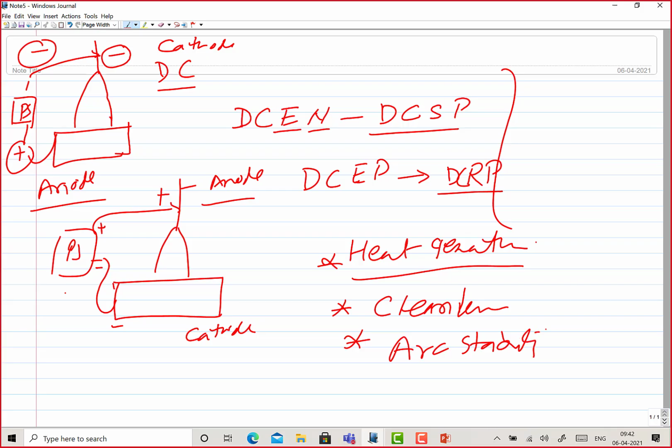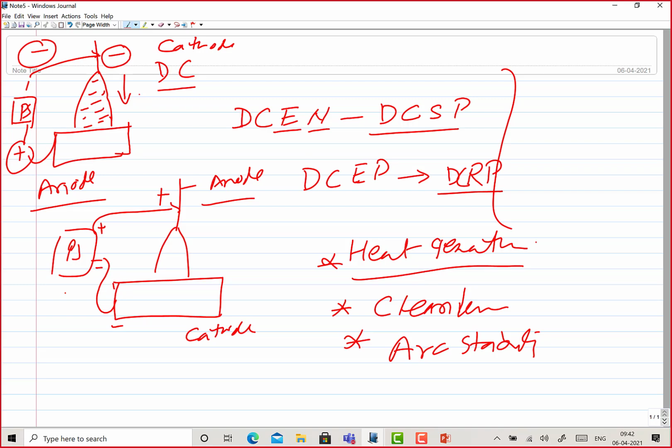In shielded metal arc welding, in tungsten arc welding, in many welding processes, it is expected that the electrode or cathode will emit electrons to provide sufficient conductivity of the arc zone, so that continuous current can flow and the arc remains stable.